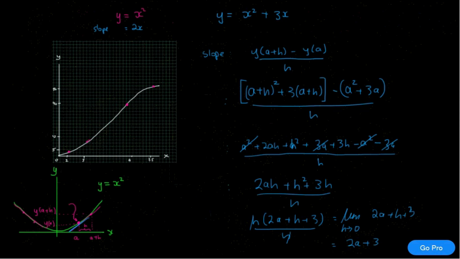Remember, a is a placeholder for x, so the slope, in other words the change in y over the change in x, for this particular graph is going to be 2x plus 3.